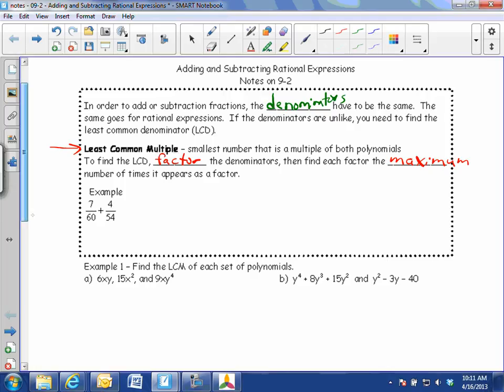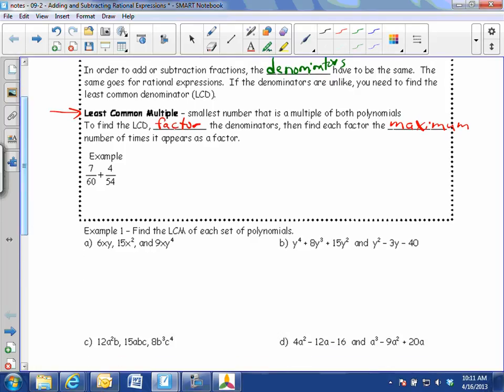So for an example, we're going to work with just regular numbers and regular fractions. Since the denominators are not the same, we have to make them the same. In order to do it with the least common denominator, we're going to factor them. So we want to factor 60. We want to pull out all the prime numbers. The one I start with is 2.